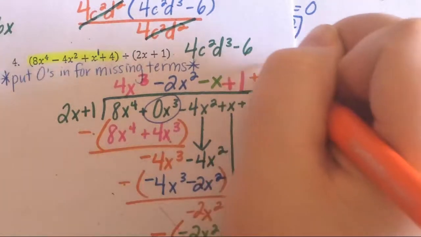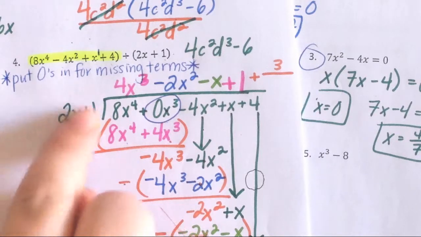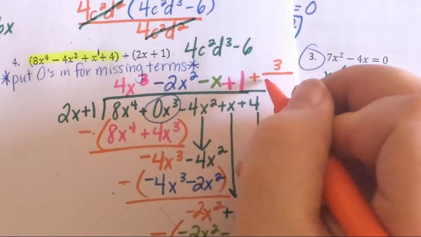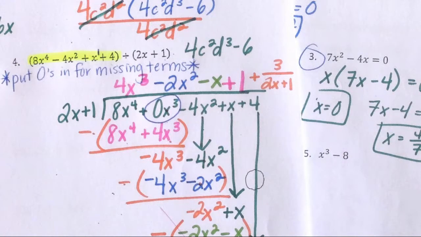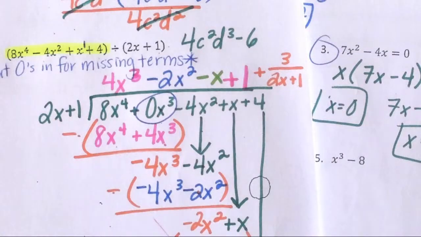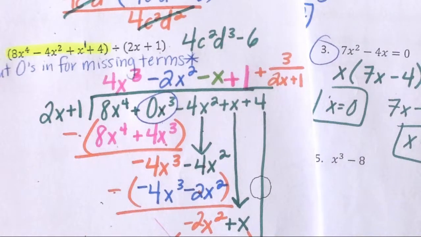I'm going to put plus 3 and then divided by the whole thing we were dividing by. We were dividing by 2x plus 1. So it took forever, but our answer is 4x to the third minus 2x squared minus x plus 1, and then plus that remainder, 3 over 2x plus 1.